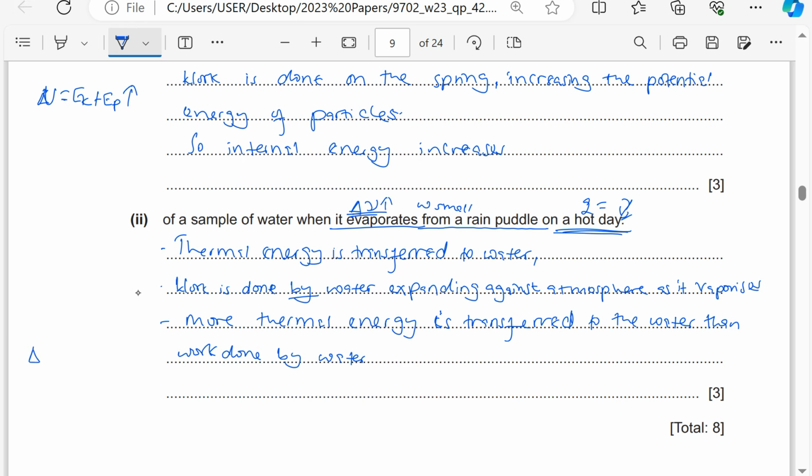So when you look at change in internal energy is equal to Q plus W, this is very small compared to what is going into the system. Although this is going to be negative, it is a very small value compared to what is transferred to the water. So the internal energy increases. So more thermal energy is transferred to the water than work done by the water, and so internal energy increases.